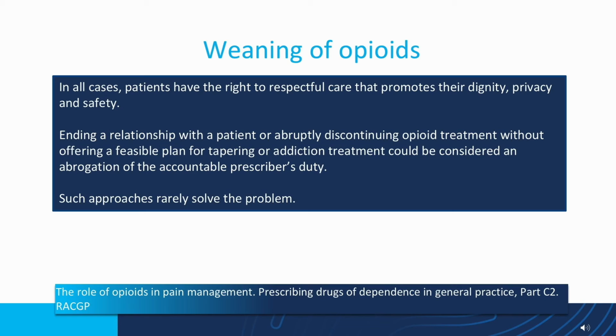In all cases, patients have the right to respectful care that promotes their dignity, privacy, and safety. Absolutely, we all get that. Ending a relationship with a patient or abruptly discontinuing opioid treatment without offering a feasible plan for tapering or addiction treatment could be considered an abrogation of the accountable prescriber's duty. Yes. So we have to have a plan.